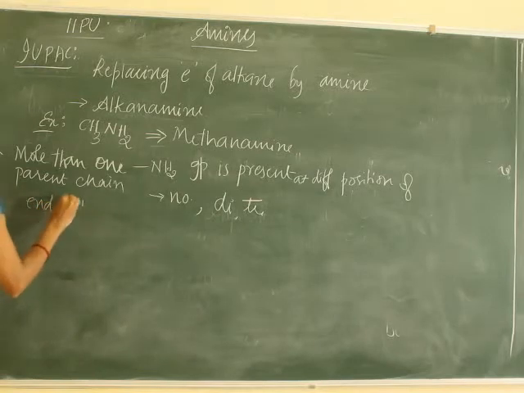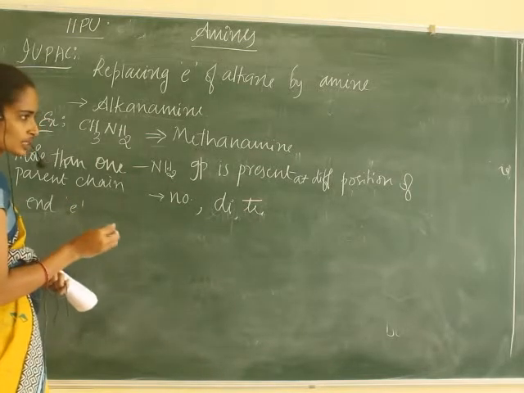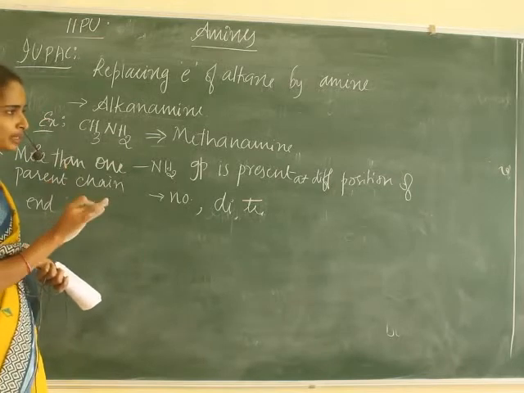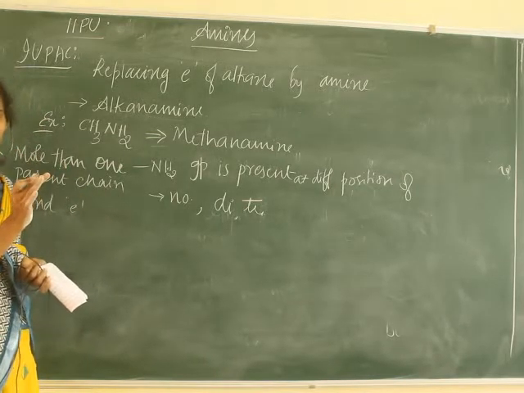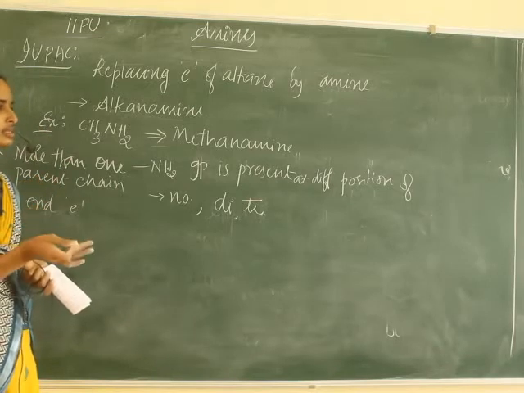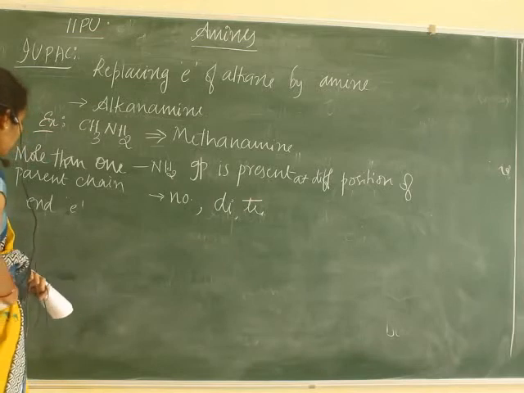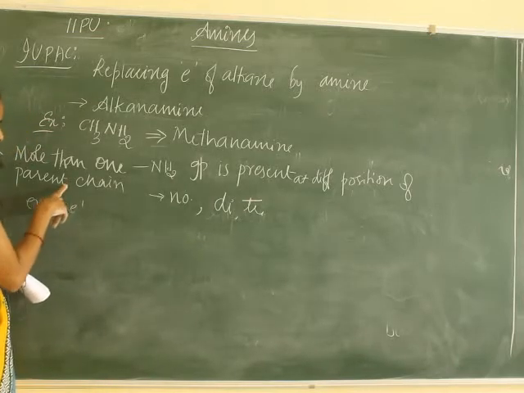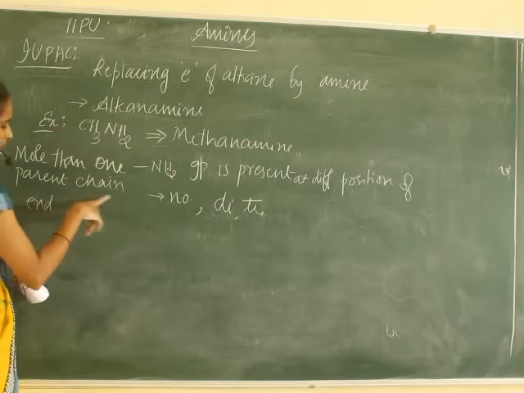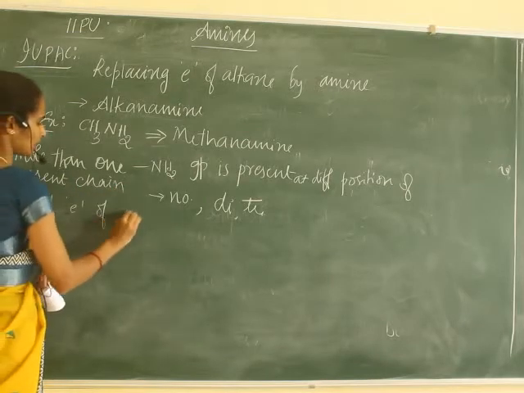But many of you make mistakes in this. If the same functional group is repeated, then we must retain the end E in carboxylic acids as well as in aldehydes, ketones or alcohols. But you always replace this E here also, because the NH2 group is repeated, you must retain the end E of alkane.